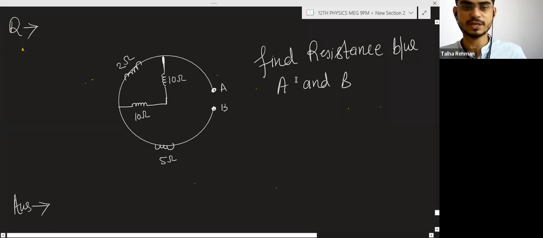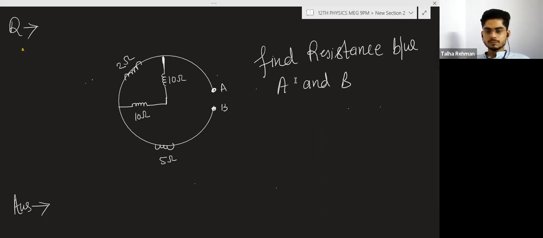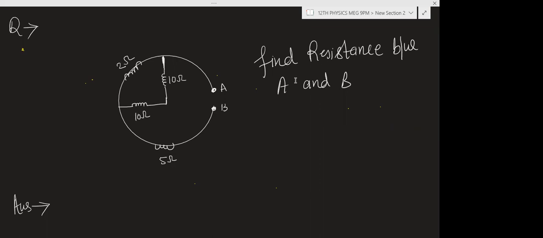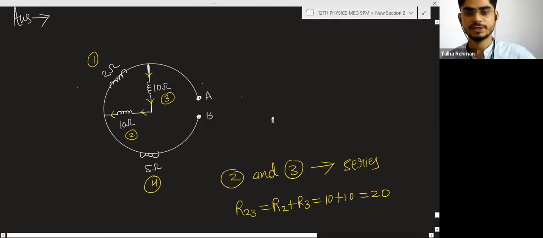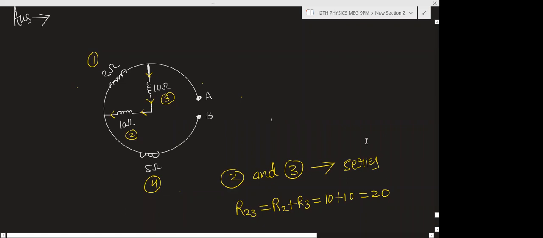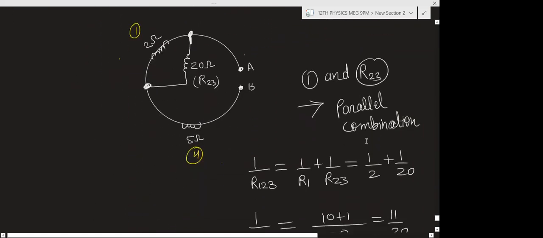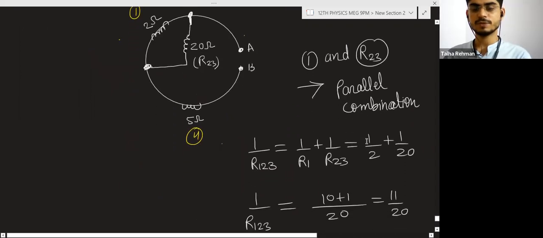Just take the screenshot and I am scrolling it down. Sir, done. Okay, just wait, I'm zooming it out. Take the screenshot of this also. Done. Now take the screenshot of this.